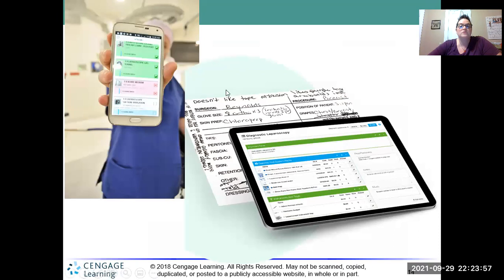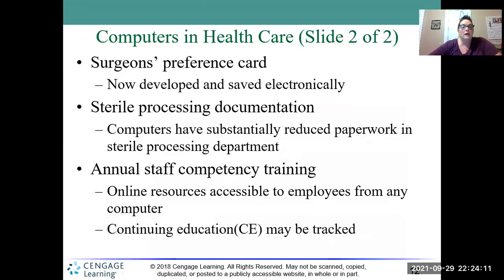Here you can see on this one, doesn't like tape on incision, likes purple. I can't read it all. Arm boards, the procedure's breast. You can see there's just a lot of different information on here.